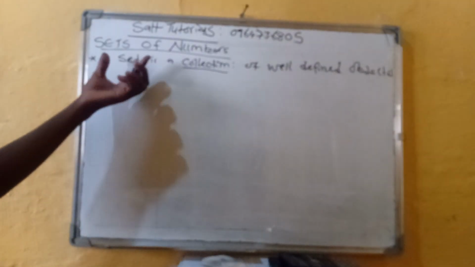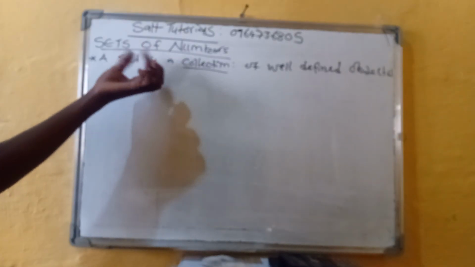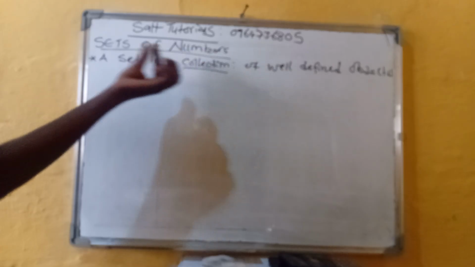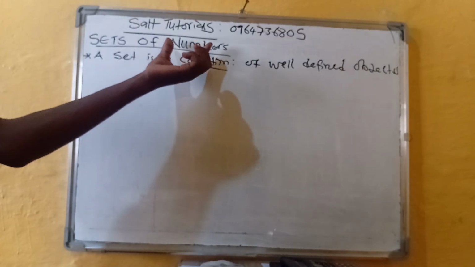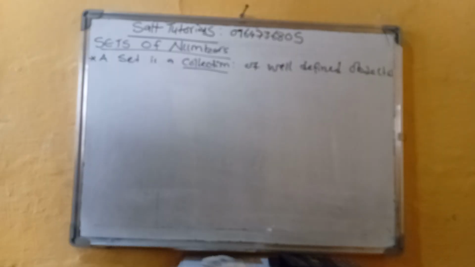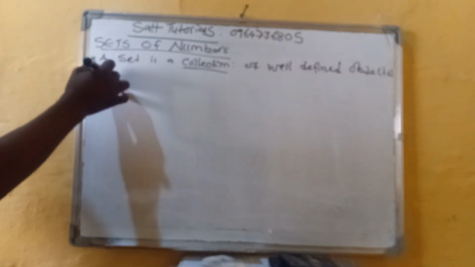If I'm trying to narrow the concept to sets of numbers, it means we're trying to make a collection of specific numbers categorized in their sets according to properties.